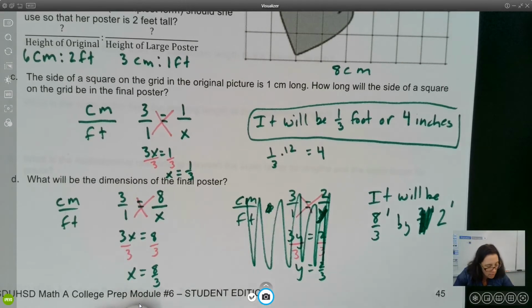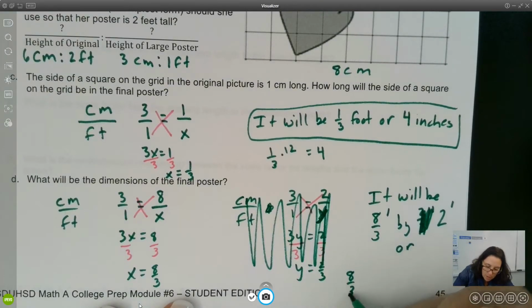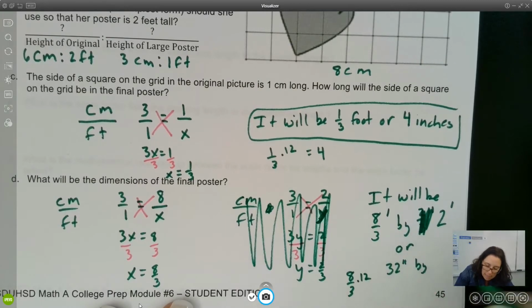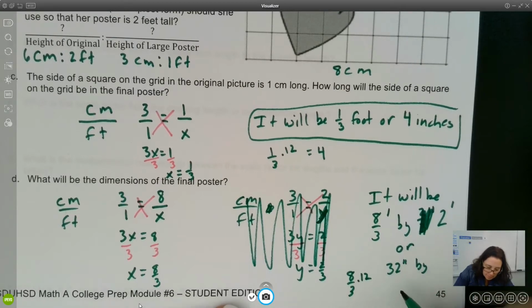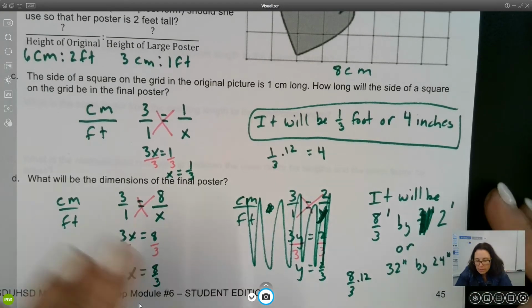If you got it in inches, 8/3 times 12 would be 32 inches by, and we're going to go ahead and multiply this 2 by 12, 24 inches. All right.